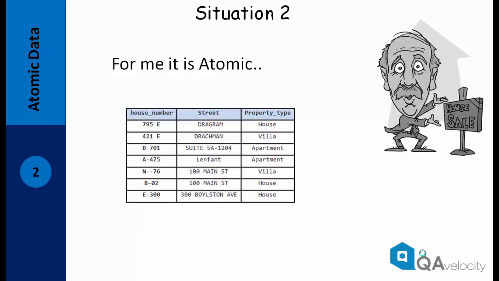On the other hand, a real estate agent might want a separate column for house number because he wants to write select property type from properties where street is 100 Main Street. So for both situations, the table is atomic enough for the people who are using it.